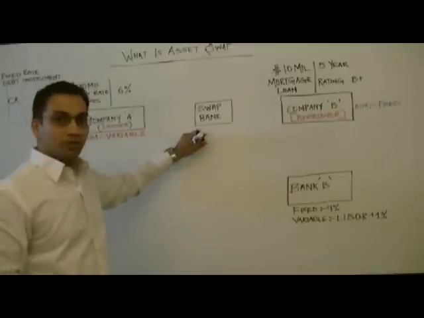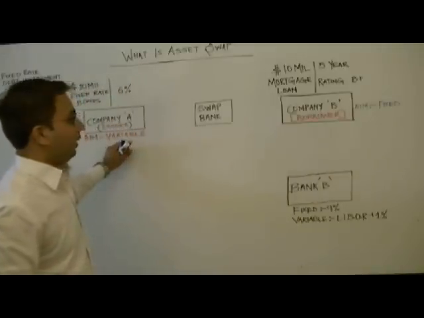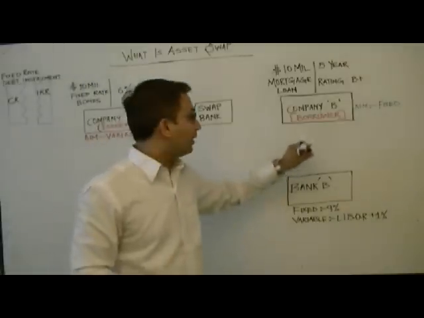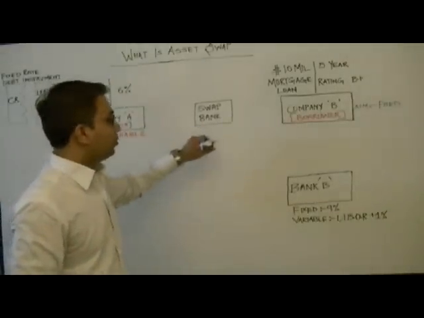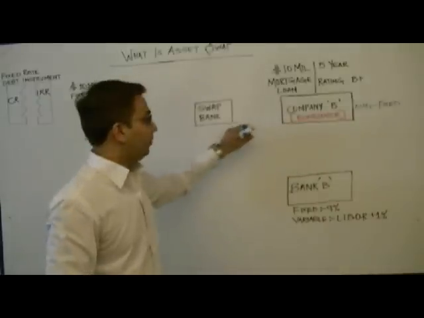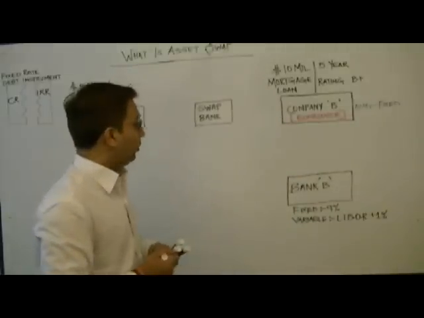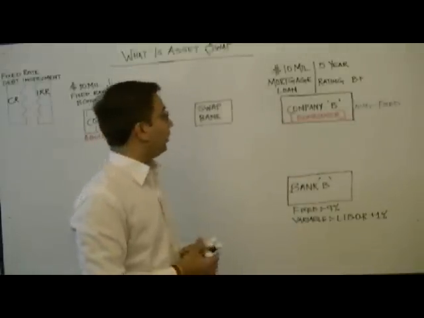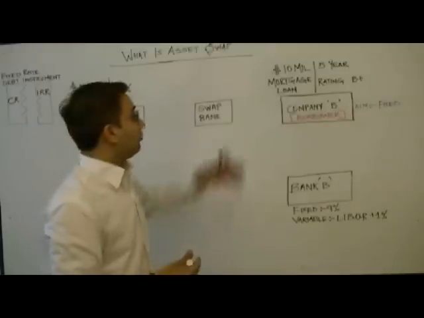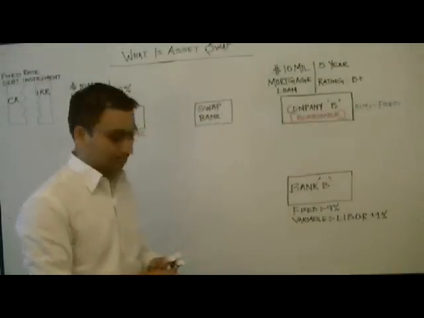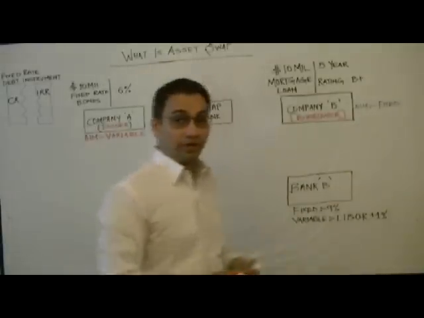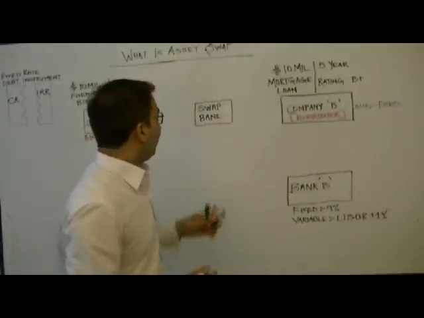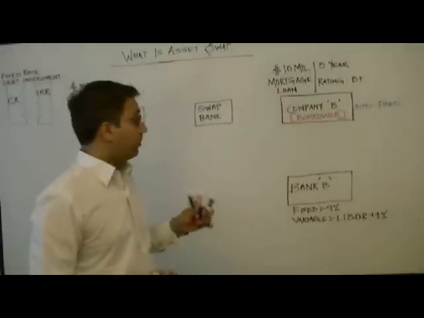Swap bank knows all the story behind company A and all the story behind company B. Swap bank approaches company B and says: I know that you are willing to borrow a $10 million mortgage loan from your bank, which is Bank B, and your aim is to go with the fixed rate of interest. But do one thing, I will give you a better rate of interest.